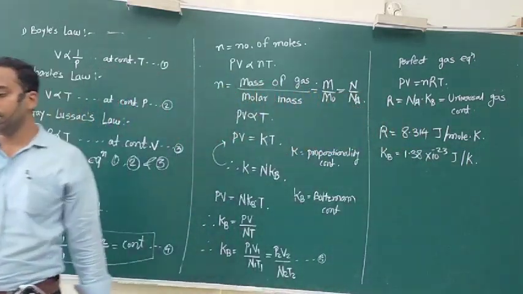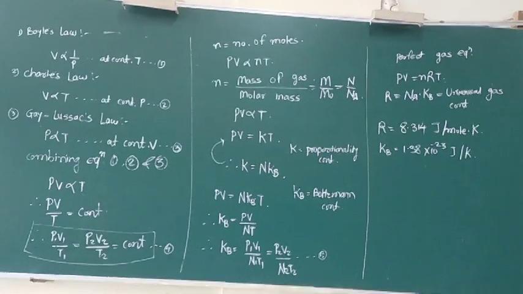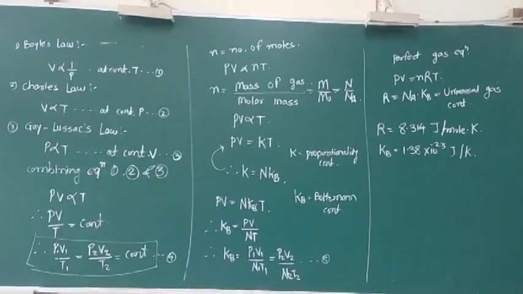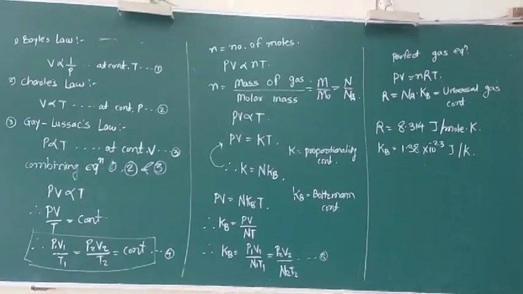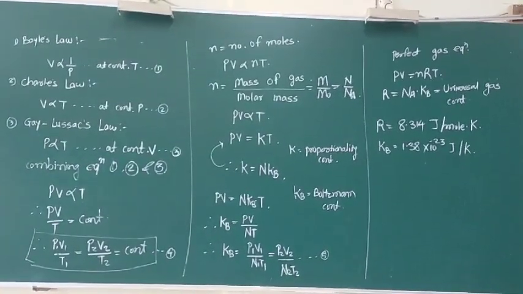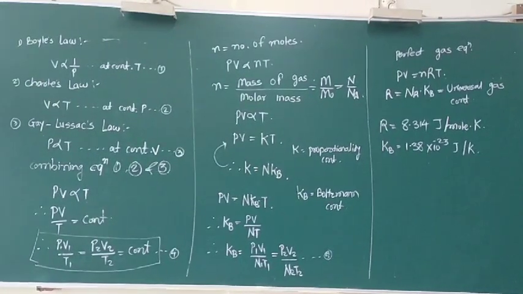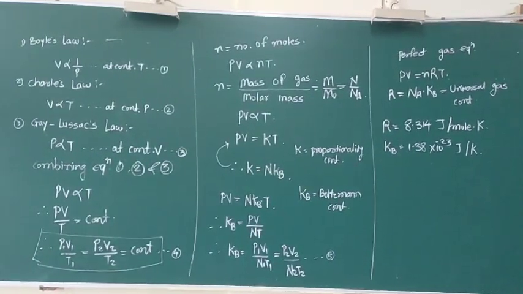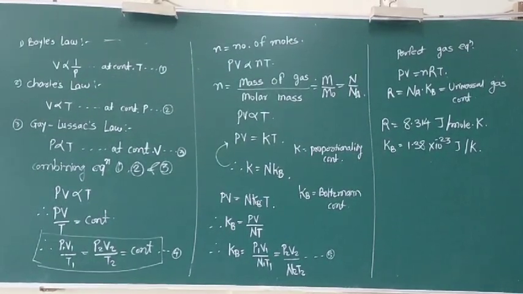Now see here, we are using the three gas laws. The first law is Boyle's law: at a constant temperature, the volume of gas is inversely proportional to its pressure. According to Charles' law, at a constant pressure, volume is directly proportional to temperature.